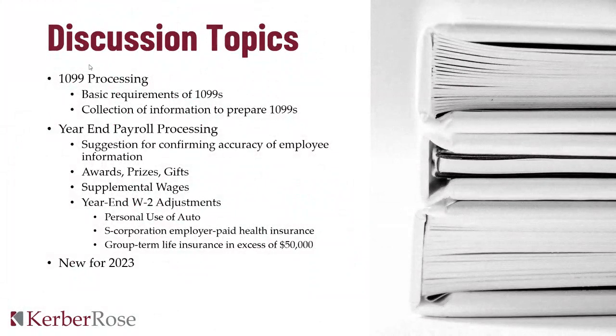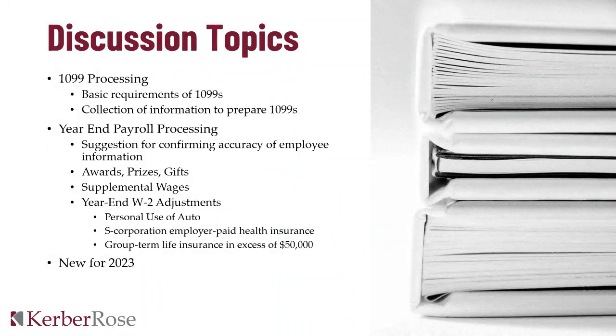So today, discussion topics, we'll be going over 1099 processing, basically the basic requirements of 1099s, and collection of information to prepare 1099s. I'll bring up a couple of the forms just to show you what information goes where. For year-end payroll processing, we'll go through a few year-end add-ons or things we see towards the end of the year that impact W-2 reporting.